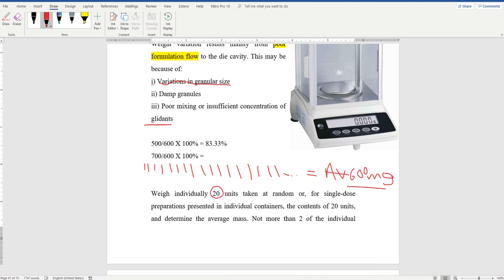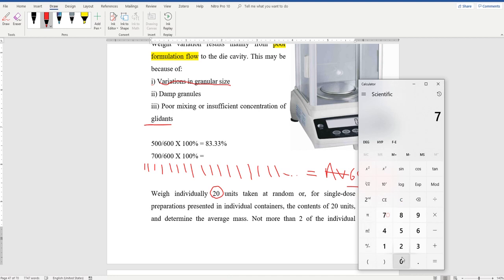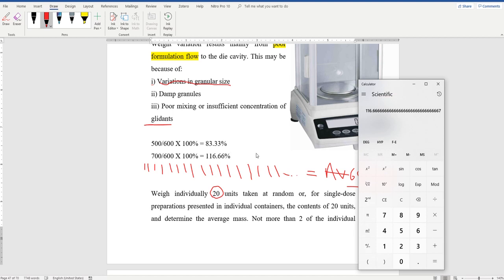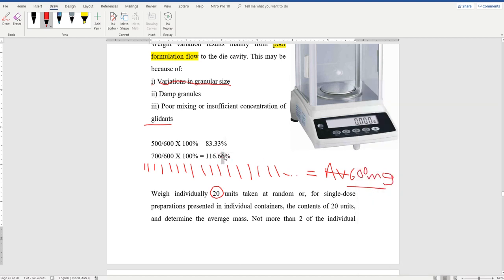The second one, 116.66% or 67. So how many percentages will you get when you do this for each of these weights? You will get 20 percentages.